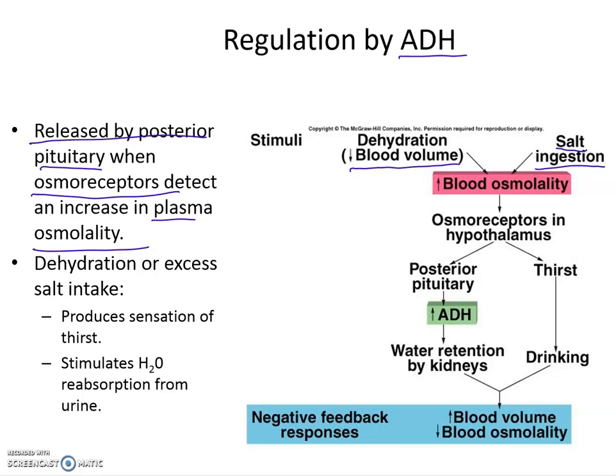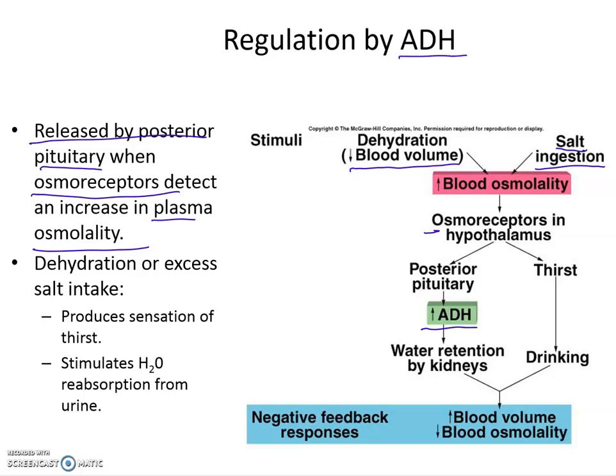So now the osmolar receptors in the hypothalamus will measure that, and they will send a message to the posterior pituitary and say, hey, we need some ADH, antidiuretic hormone. We need to dilute all the salt, because we have too much salt.